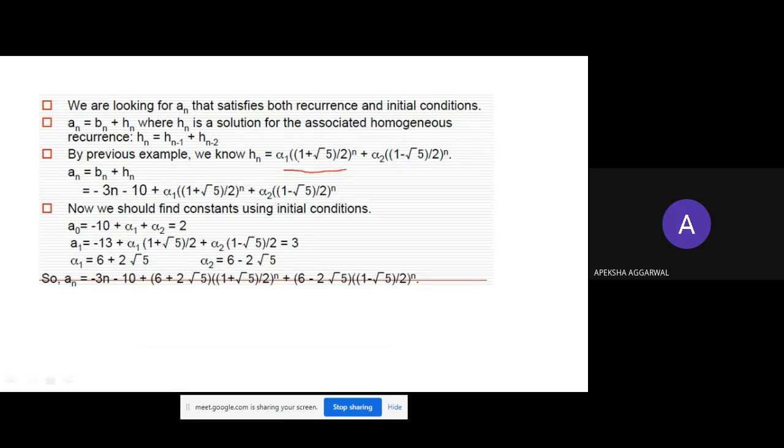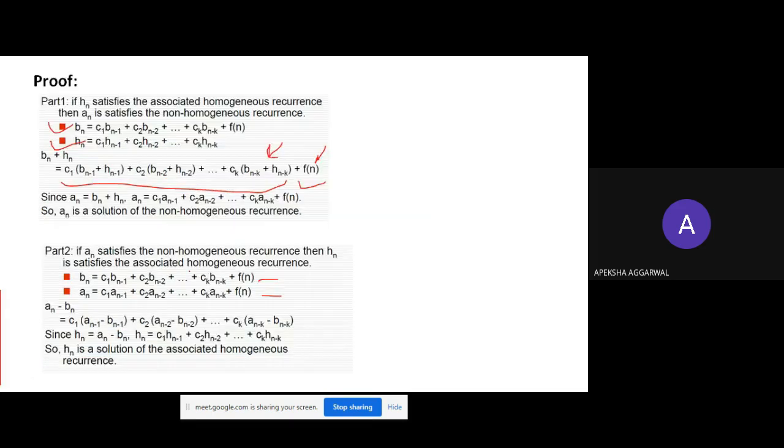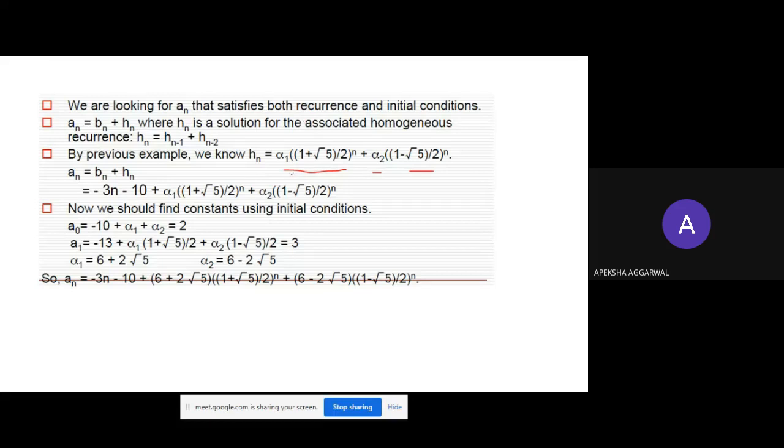You will have alpha root 1 to the power n, alpha root 2 to the power n, exactly the same procedure. This is your Hn part, the homogeneous part, and this is your non-homogeneous part. You have found the equation for this and for this, right?